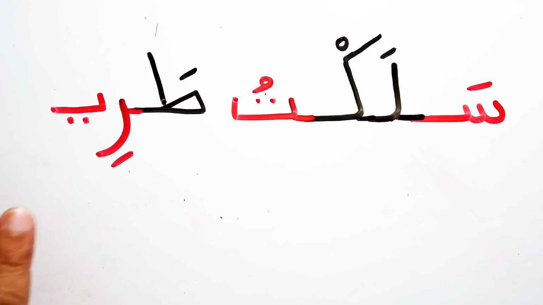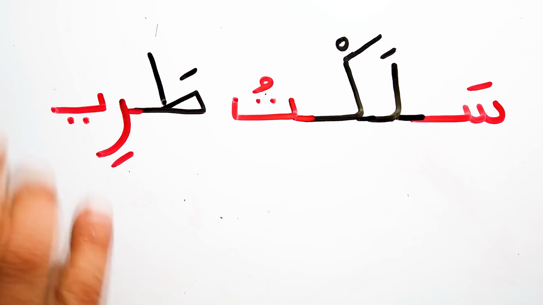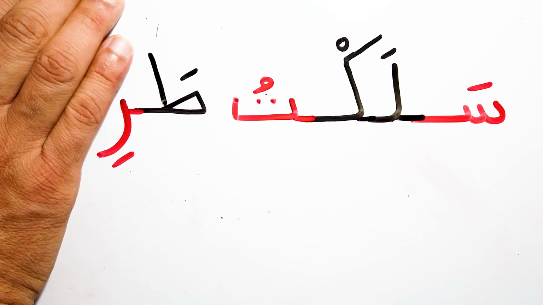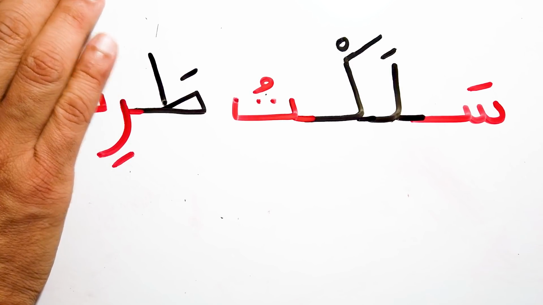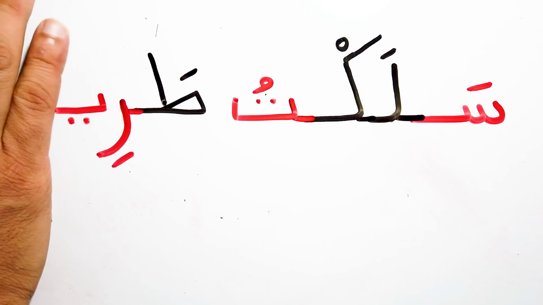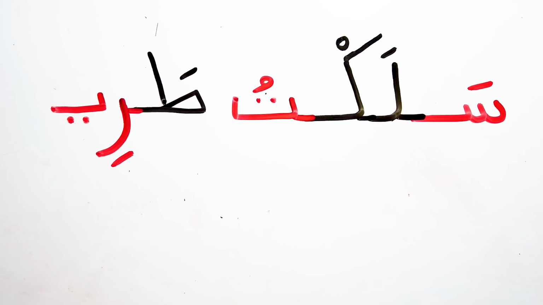So pay attention to the difference. Here, when I just say ri, it's a short vowel. And when I have long vowel, it will be ri. طري.